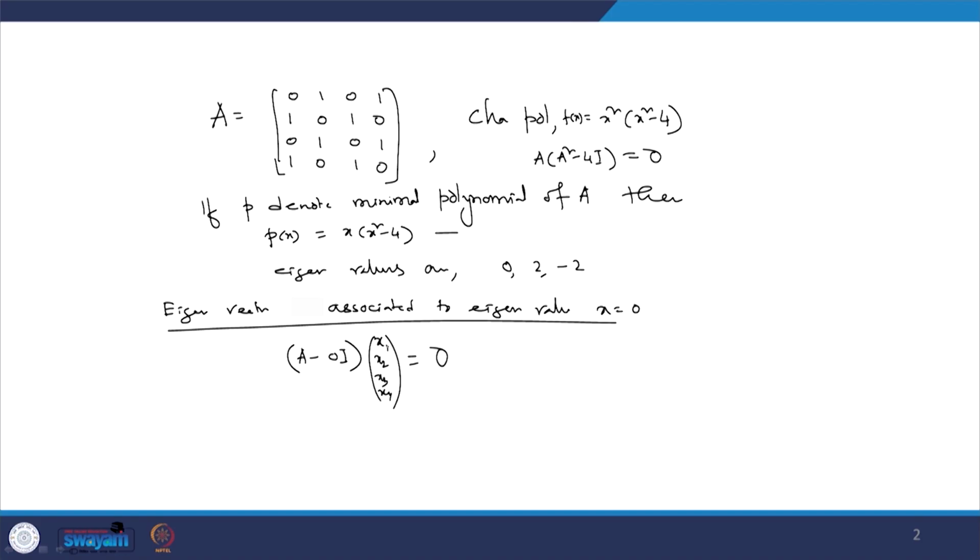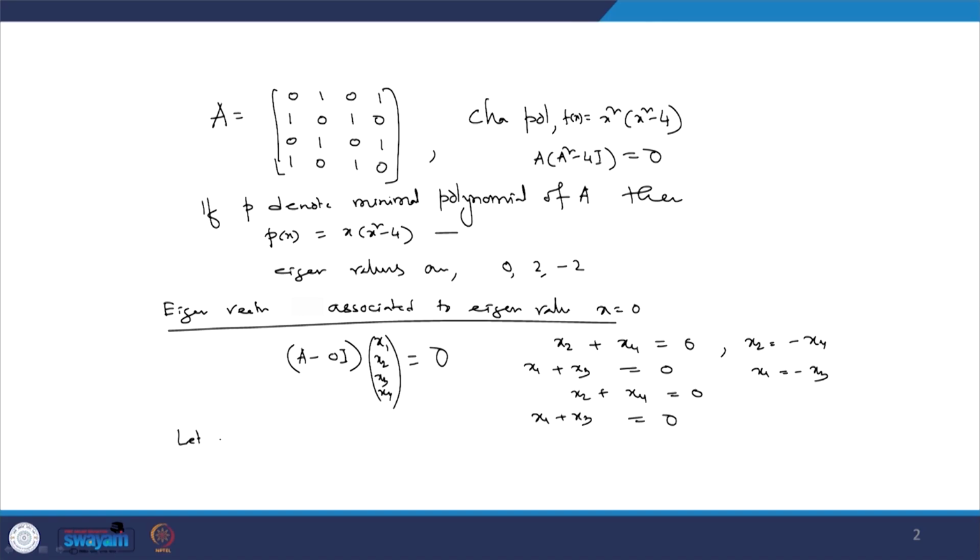I will have 4 equations: x2 plus x4 equal to 0, x1 plus x3 equal to 0, x2 plus x4 equal to 0 and x1 plus x3 equal to 0. This implies x2 is equal to minus x4 and x1 is equal to minus x3. So there are 2 free variables here, x3 and x4.